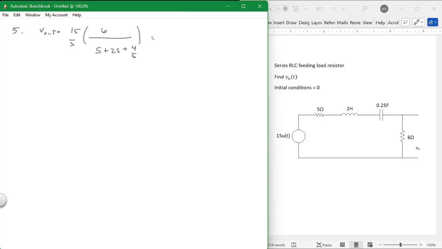Well, let's leave this 15 and the 6 all alone and get the denominator. So it's 15 over S times 6 over 5S plus 2S squared plus 4 all over S, the denominator.